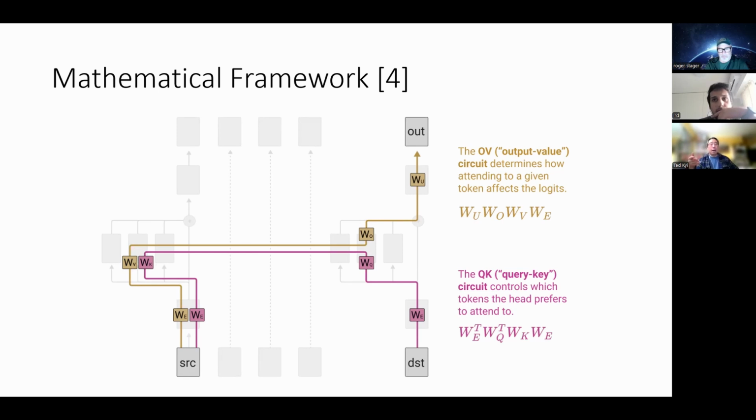And what they clarified in this mathematical framework paper is that the Q and the K matrices do their dot-product thing, and they set up an attention pattern that says, oh, token 10 is going to pay a lot of attention to token 5 and only token 5. Everything else is close to 0. The values that you get in your queries and your keys, it is impossible for them to in any way appear on the residual stream.